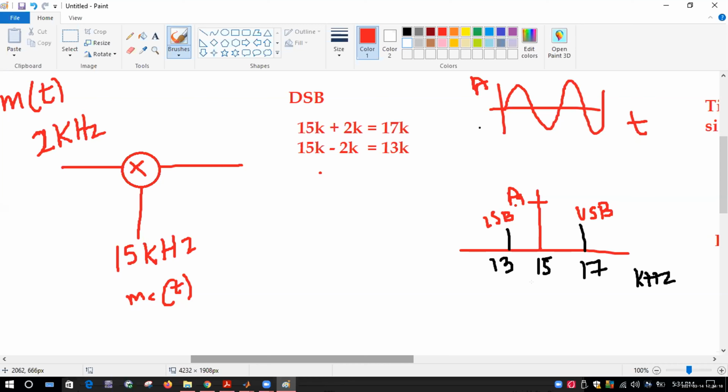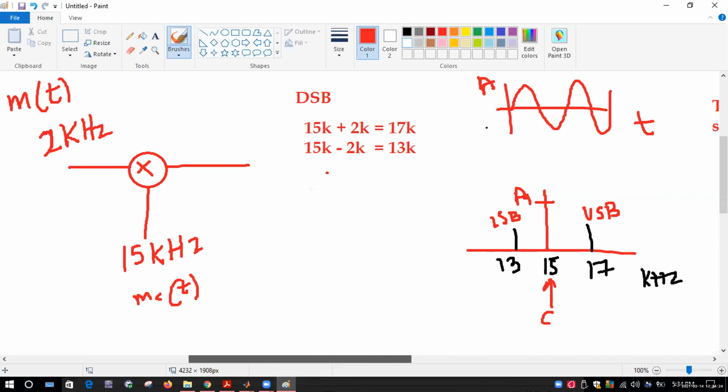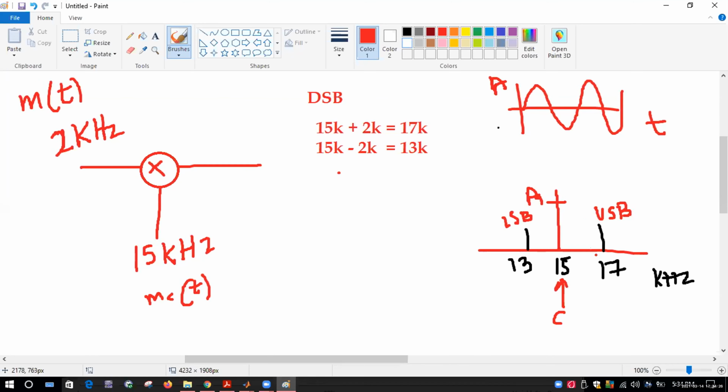And this one is your carrier. But in double sideband suppressed carrier, the carrier is suppressed. Suppressed means the carrier is not transmitted, so this signal does not appear.